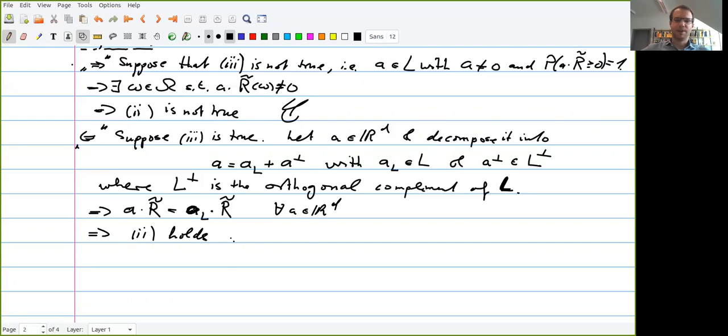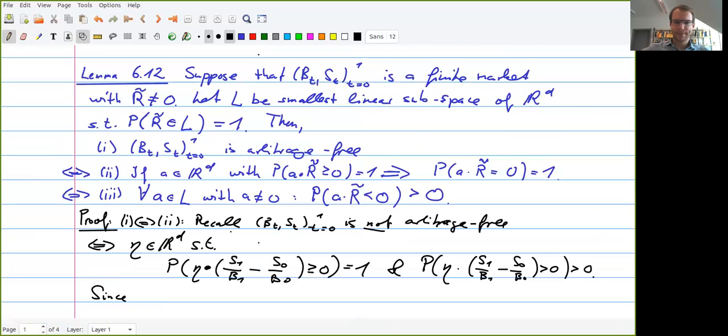Right, so if you find this clear, well, because you can always decompose it, the part which is not in L doesn't contribute to the scalar products here. This is exactly the same.